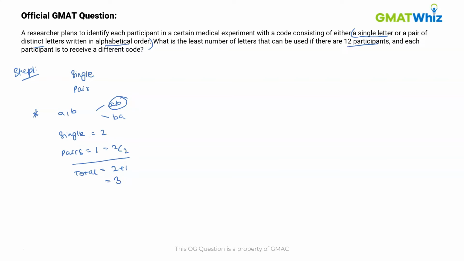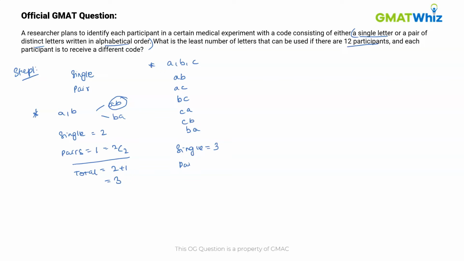Now let's take three letters A, B and C. So when we arrange this, we get AB, AC, BC, and we also get CA, CB and BA. Now if we have to select these letters individually, then the number of ways in which I can select these as a single letter will be equal to 3.